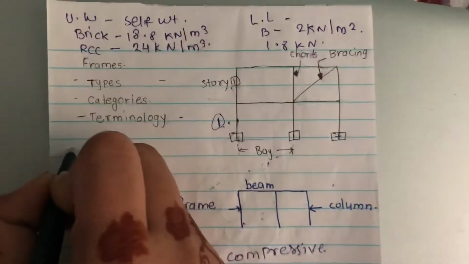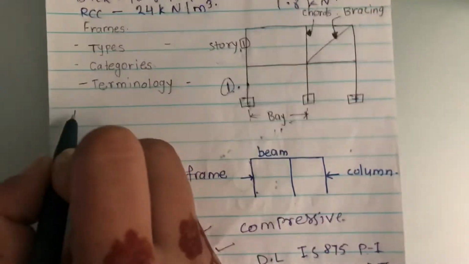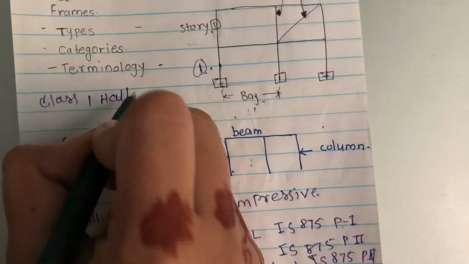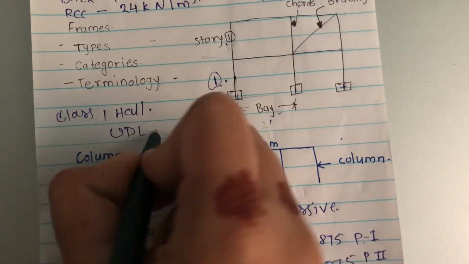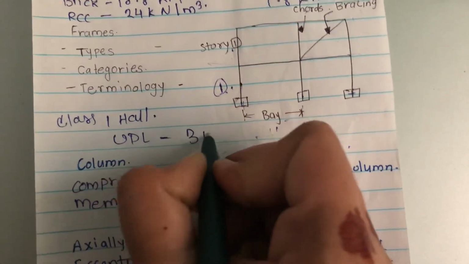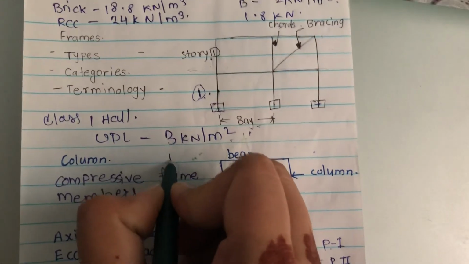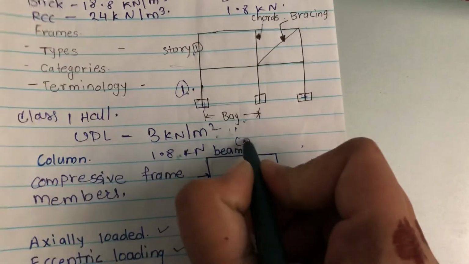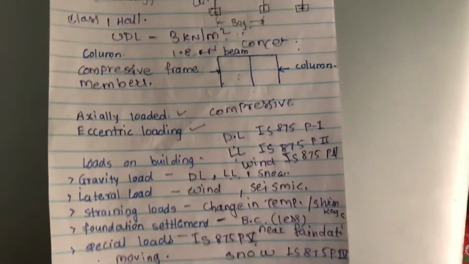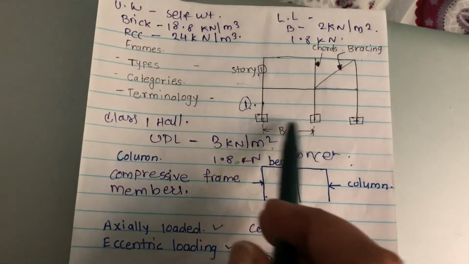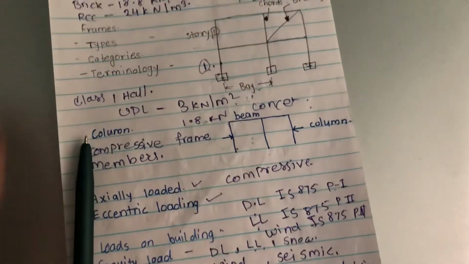For larger spaces like classrooms or halls, operation rooms, etc., the uniformly distributed live load is considered as 3 kilonewton per meter square, and 1.8 kilonewton for concentrated load. So these are the basic types of load we need to consider while designing any structure in ETABS. This is the basic thing we need to consider while designing any structure.